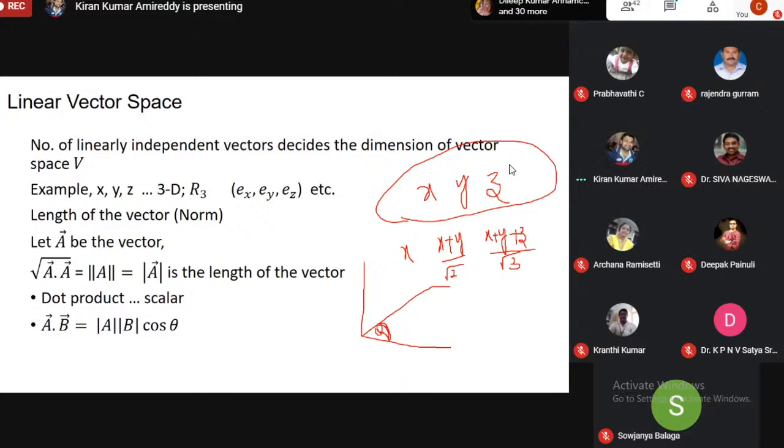We also discussed the dot product, which is considered the inner product. Using that we can get a scalar value.